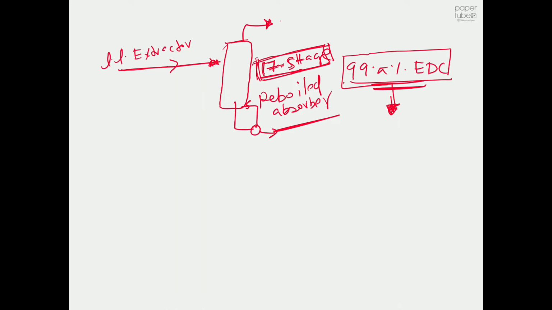At the top, we will collect the hydrochloric acid, which will be your impurities. In this case, we are assuming that the byproduct will be only hydrochloric acid and there will be no other impurities. That's the assumption we are making at the moment. And then in the bottom, we will get pure ethylene dichloride.